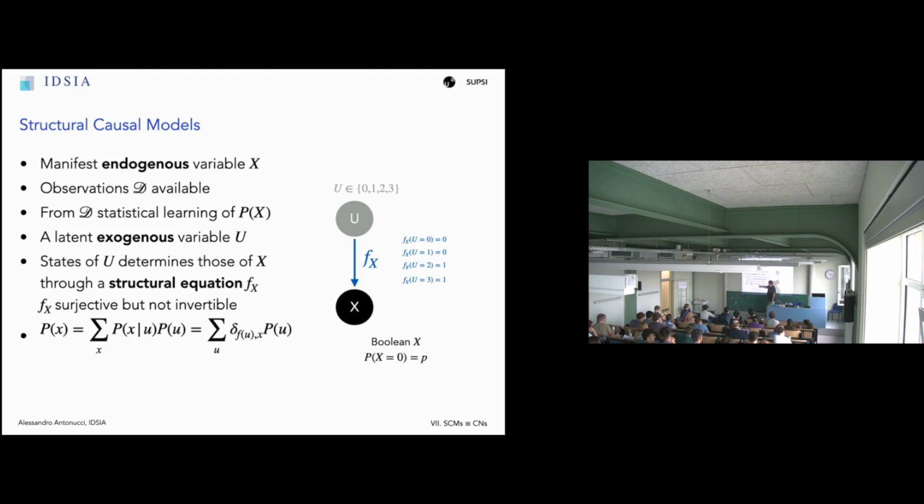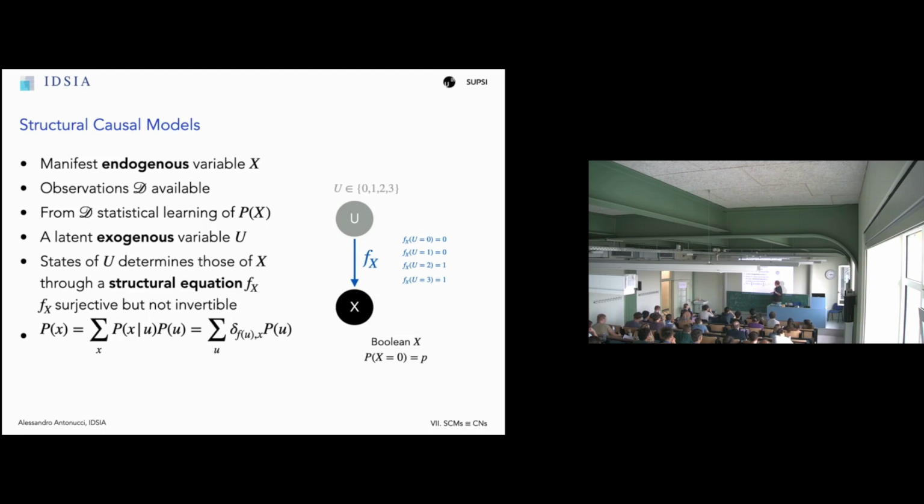But remember, this is a conditional probability, but the relation between x and u is deterministic. So this conditional probability table has degenerate values, has 0, 1 values. So this conditional probability basically is a delta: it is 1 when x is equal to the value of the function for u, and 0 otherwise.